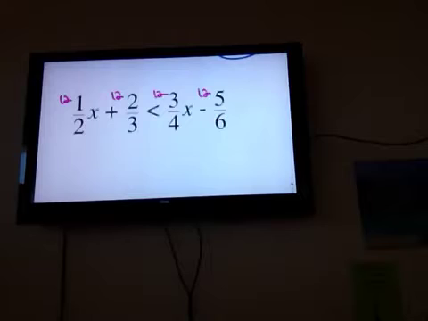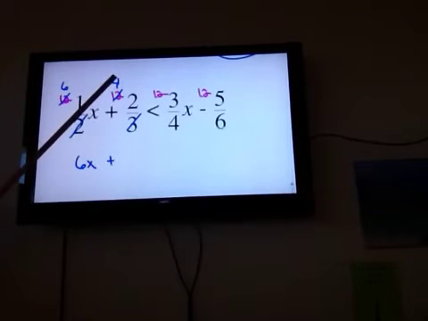Now I'm going to show you 2 ways to do this, but let me get through the first way. So my 2 cancels, divides into 12 6 times. That's why we're doing this, to cancel out the denominators. And I'm left with 6 times 1x, or 6x. Plus 3 goes into 12 4 times.